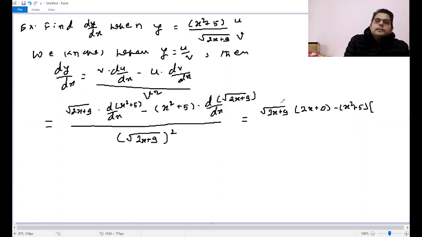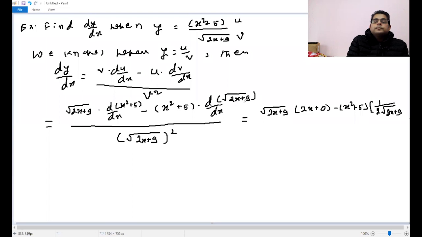So here you can see that in the first step you will have 1 by 2 because of the root, and then this is under the root 2x plus 9. After that, in your power rule there will be the derivative of 2x plus 9 only.